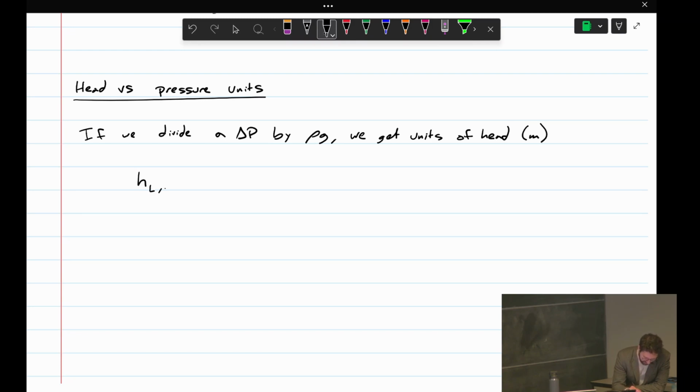So the head loss major is delta P major divided by rho G. So that's F L over D, V average squared over 2G. Same thing with the minor.